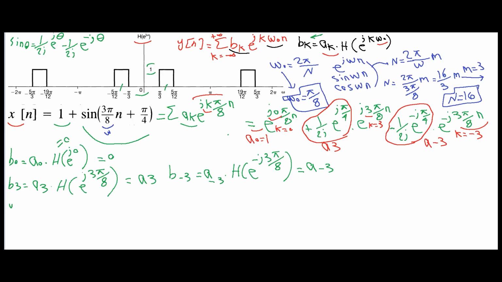Now we can write the output y[n] equals b_-3 e^(-j3π/8 n) plus b3 e^(j3π/8 n).